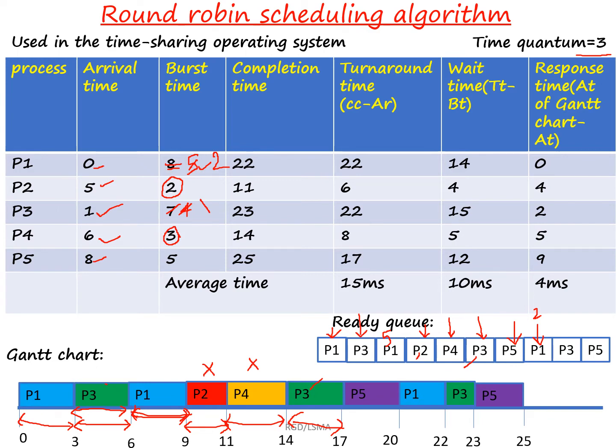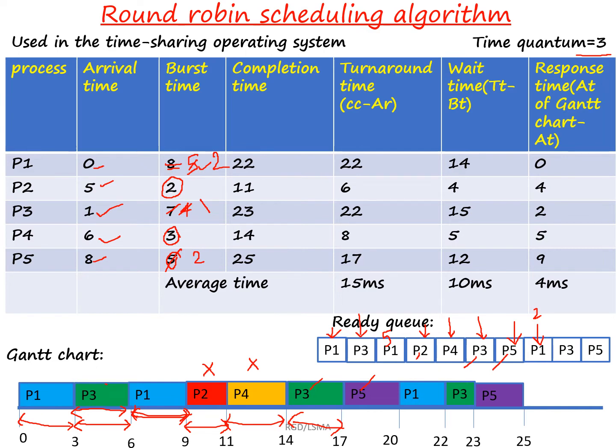Now we can call the P5 process to the CPU. The P5 process total burst time is 5, but the CPU executes only 3 units of time, so 5 minus 3 is 2. There are 2 more units to complete the execution of the P5 process. Before you call the next process to the CPU, you can check that the P3 process left-out time is 1 unit.